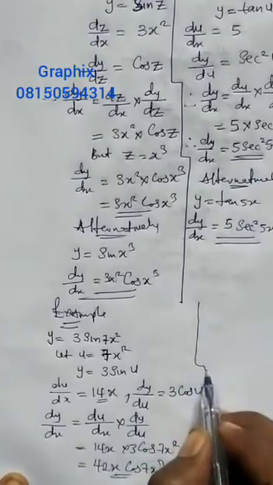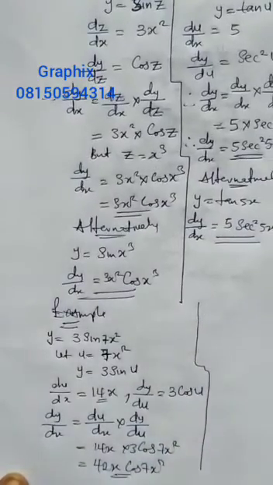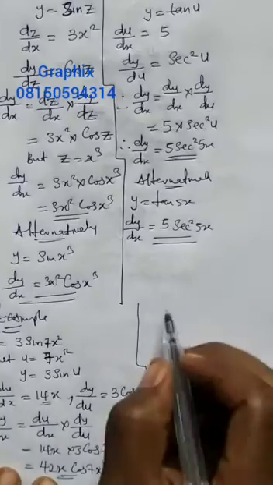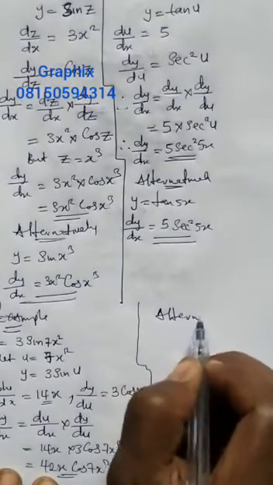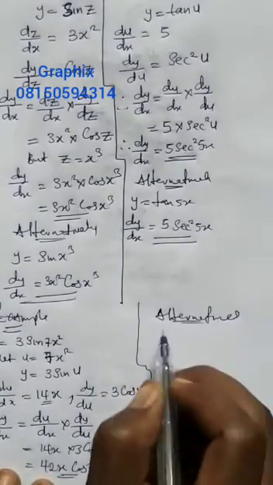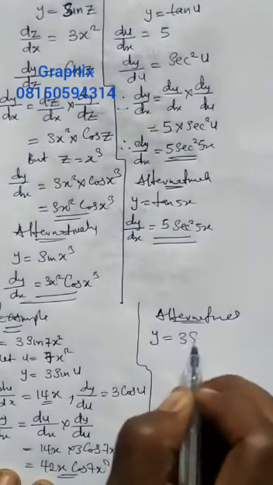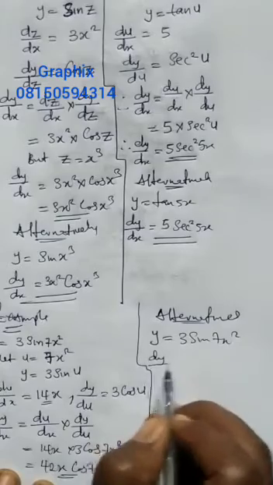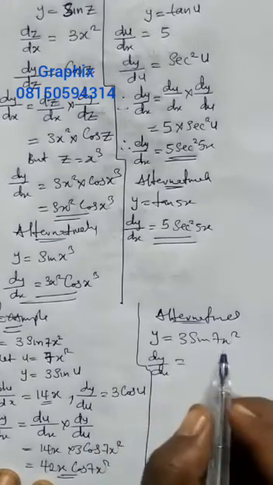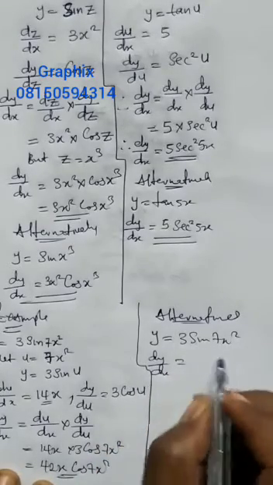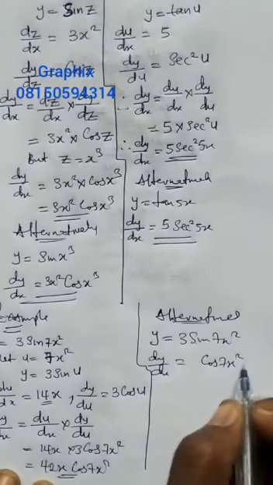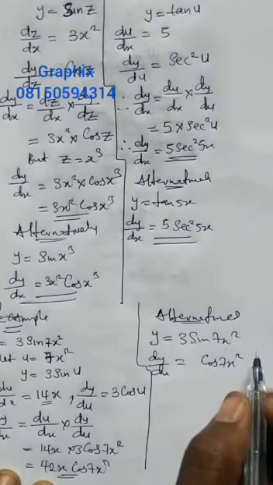So what I just did here, alternatively, is this. Whenever you have y equals 3 sine 7x squared, my dy over dx is that you will just differentiate the sine. That'll give me cos. You write back your 7x squared, because it's an angle, it will not change.